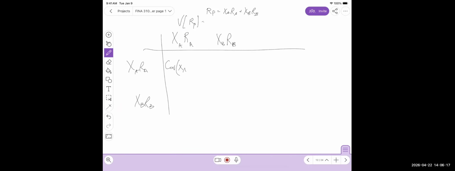So we're going to write XA RA here and XA RA here. Then I'm going to do the same thing for the covariance of XA RA with XB RB, looking at the two different ones.